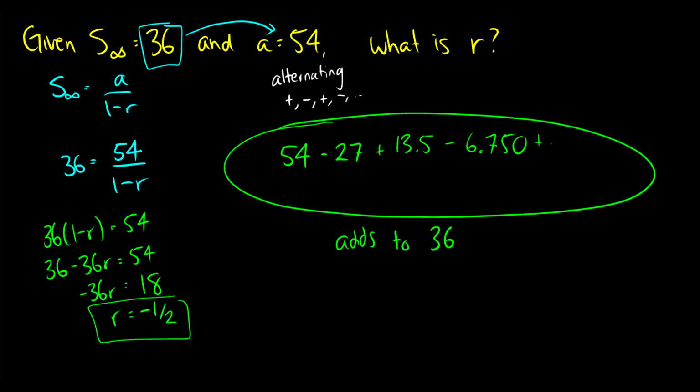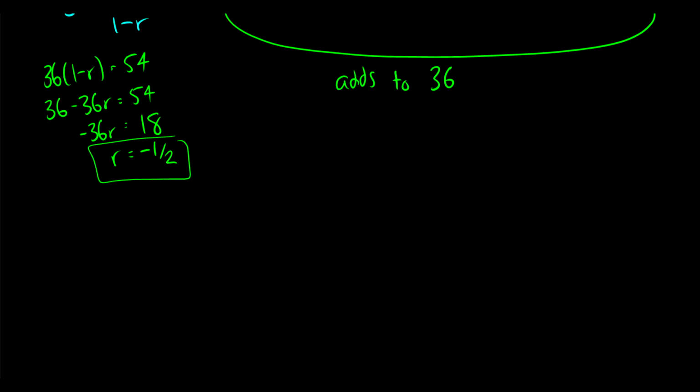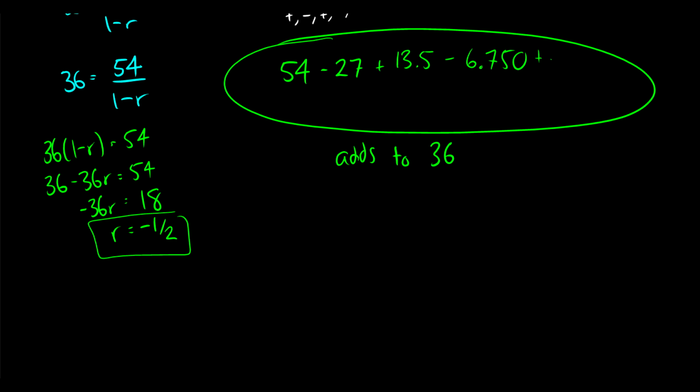And I kind of like this graph, because when you graph a series like this, if we take the sum, so our first term is 54, it's going to start here, and this will be our sum. So when we take away 27, it's going to go down to here. And then we're going to add 13.5.